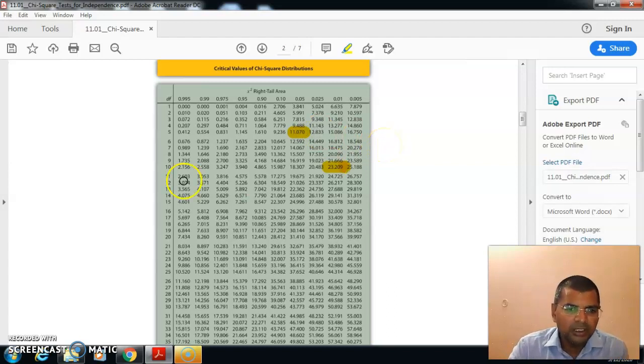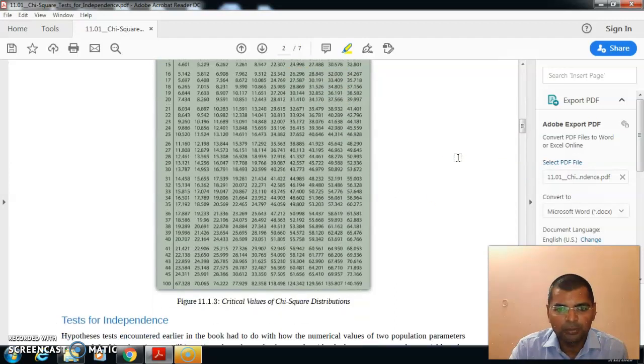If you calculated it for, let us suppose, 11 degree of freedom and at 5% of level of significance, then the value comes out to 19.675. Right? So let's put this concept into a problem.